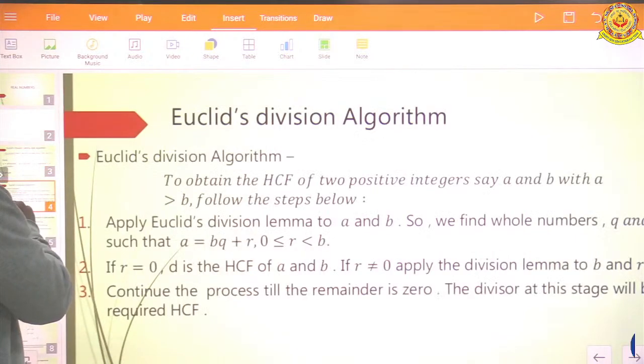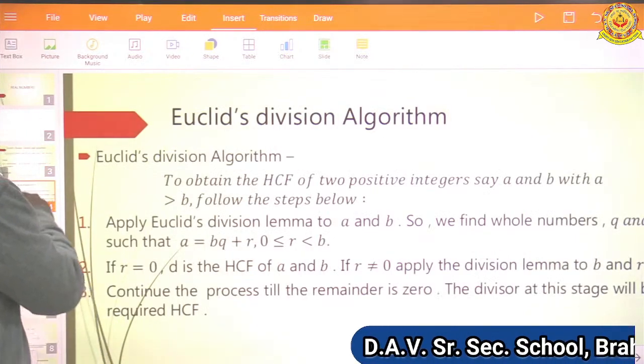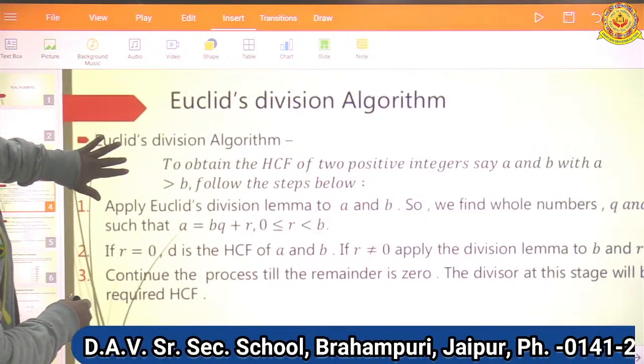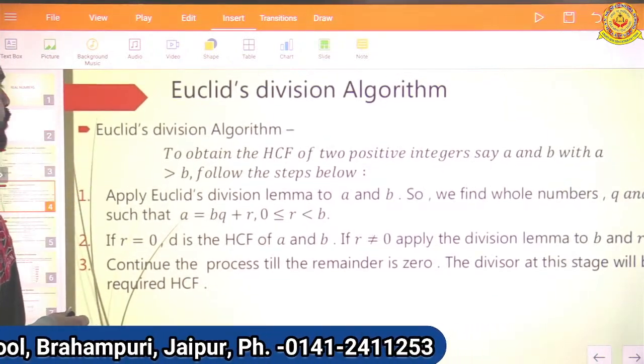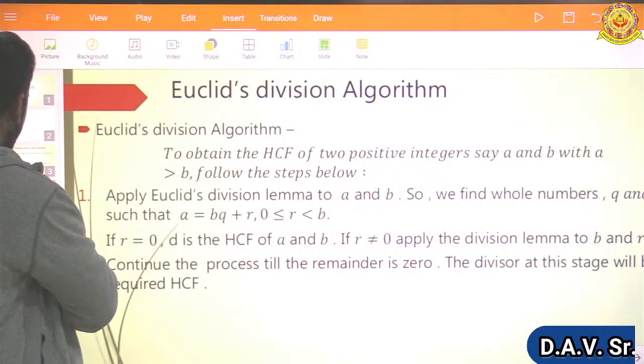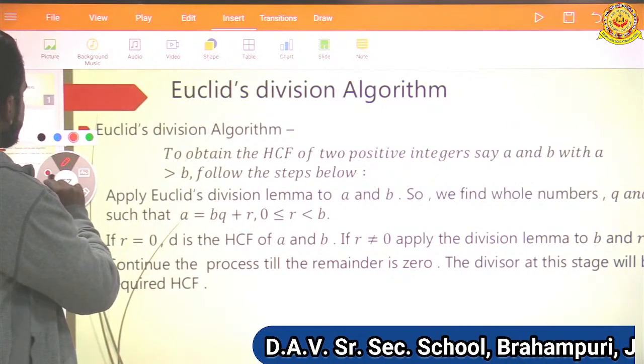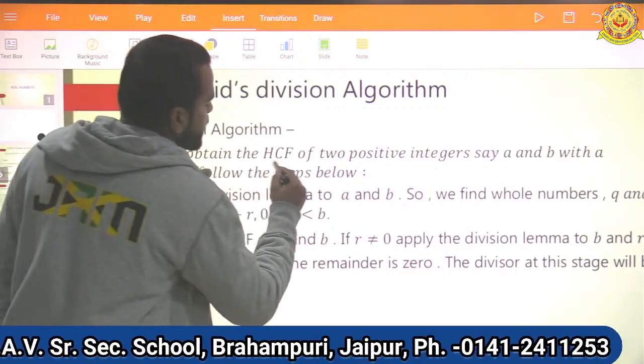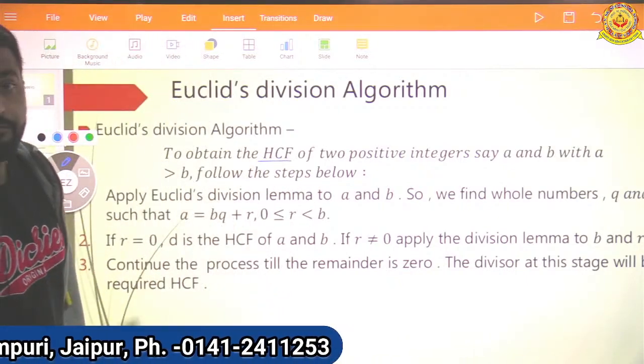Let's go to the second slide. In the Euclid division algorithm, we studied how to obtain the HCF. Why are we using this Euclid division algorithm? For finding the HCF, the highest common factor.